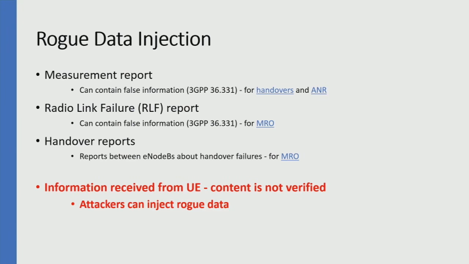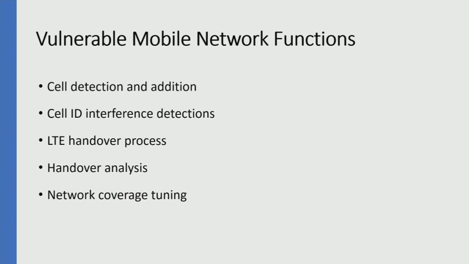So the idea is to operate a rogue base station and generate rogue data into these reports, and then these reports are sent to the legitimate base station, where we see so many denial of service attacks happening. And the best thing is that the information coming from these reports is not being verified and it's being used blindly. So that's the main flaw.